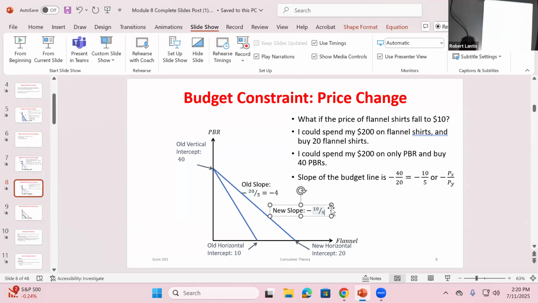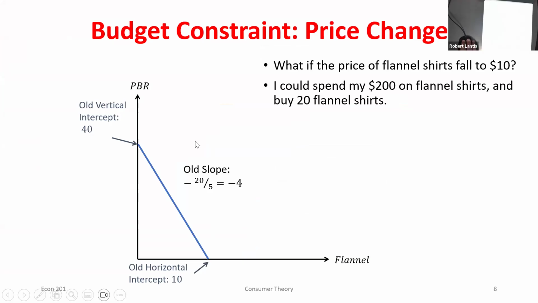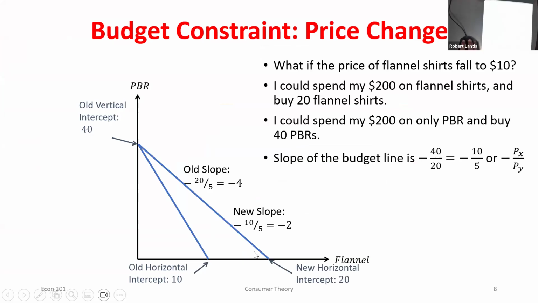And then here, my slope is -2. So before, in order to get one more flannel shirt, I was having to give up 4 cans of PBR. When flannel shirts are cheaper, now I only need $10 to get one more flannel shirt. So now I only have to give up 2 of the other good.